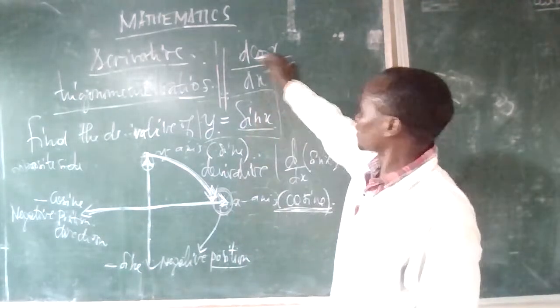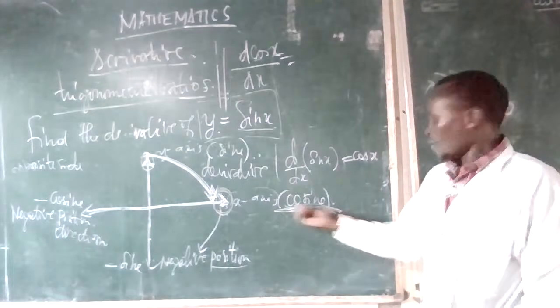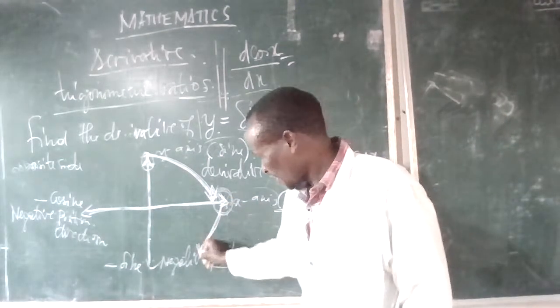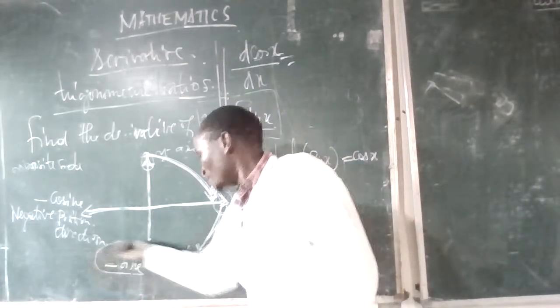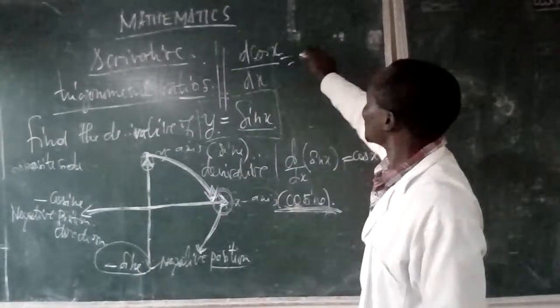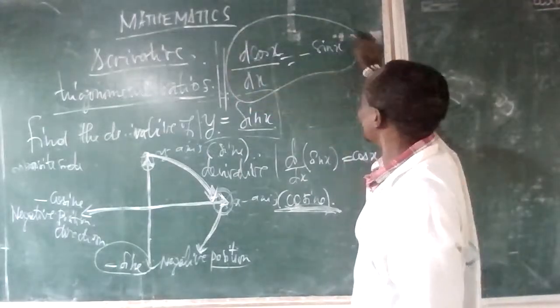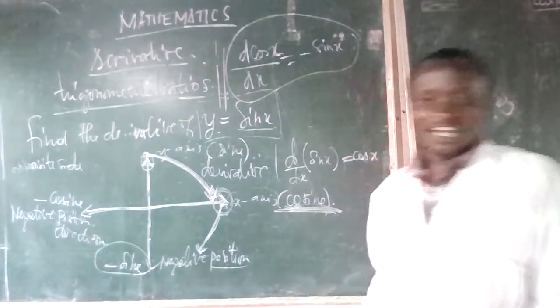It means the derivative of cosine, where we have cosine at this position, you come down up to here where we have minus sine. It is minus sine x. This is how to find the derivative of a trigonometric ratio.